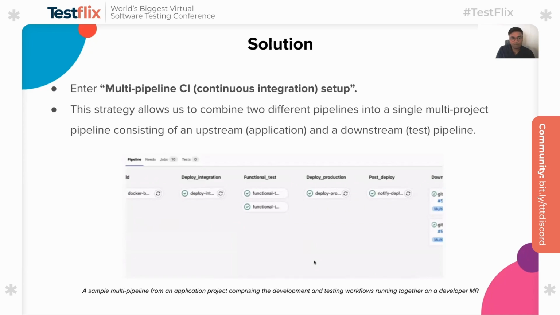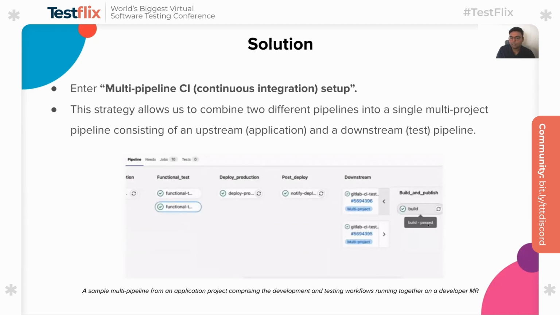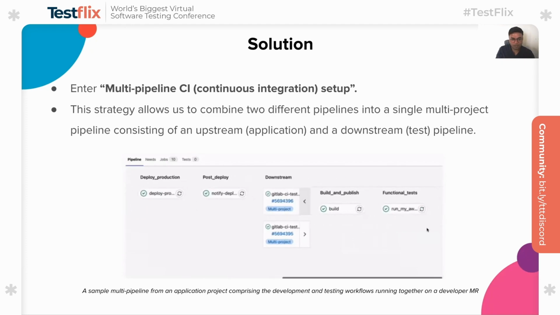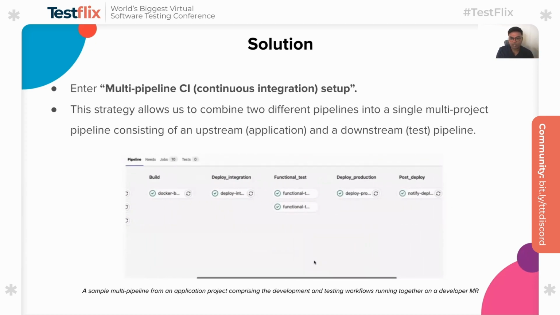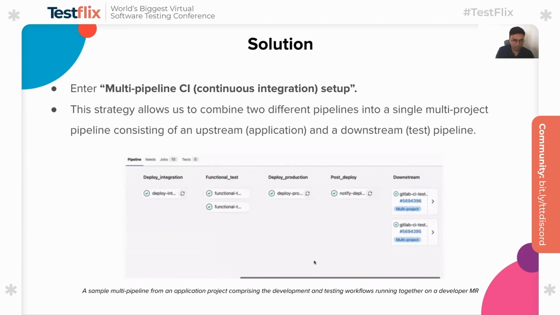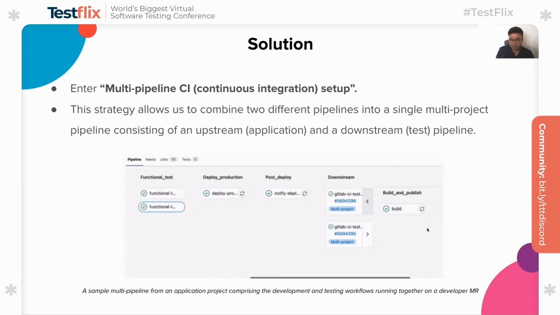The application pipeline becomes an upstream pipeline, and the test pipeline becomes a downstream pipeline, right? You can see that the tests are now running along with the application side changes. There is no standalone pipeline which is running separately, right? This is sort of the crux of the solution, right?